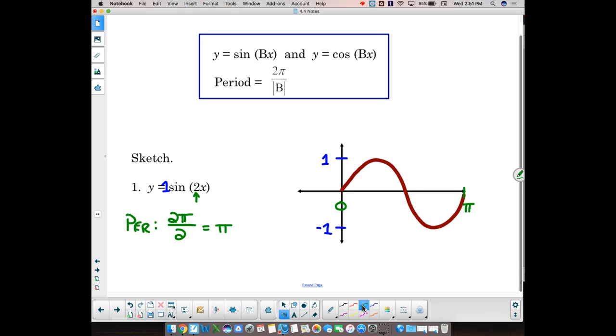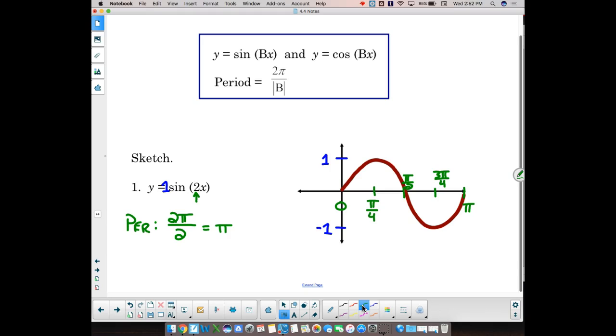Which means halfway would be pi over 2. Halfway of the left half would be pi over 4. Halfway of the right half, 3 pi over 4.